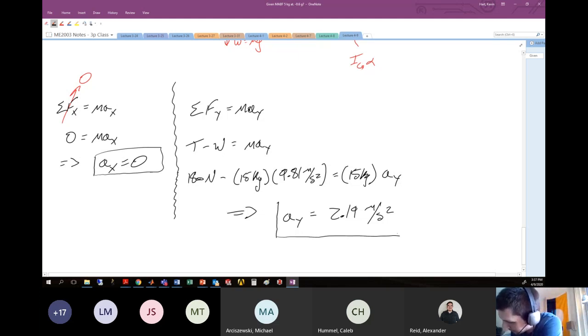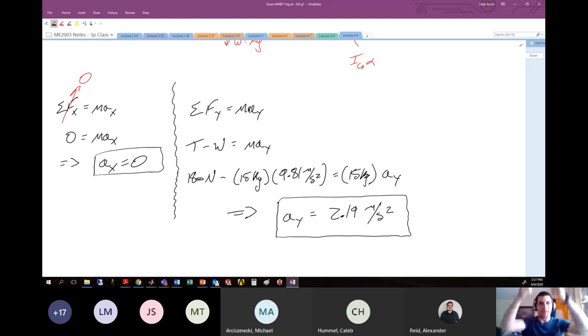Even though this disk has some weight, it was a little unclear whether it was moving down or up. It has a tendency to move down because of its weight, but it also has a tendency to move up because I'm pulling up on it. In this particular example, the disk is actually moving upwards because of the tension.